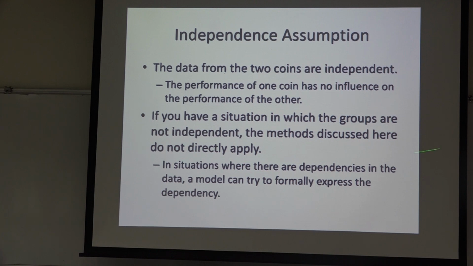In situations where there are dependencies in the data, a model can try to formally express the dependency, but it will obviously be much more complicated. So for now, let's just assume that these two coin flips are independent.